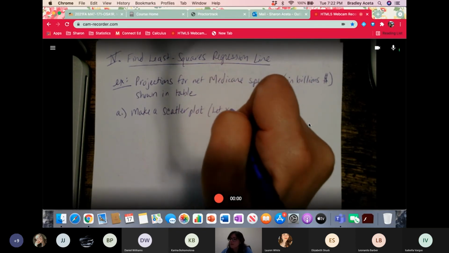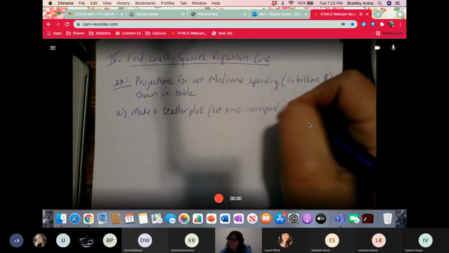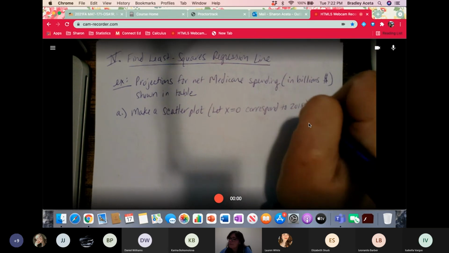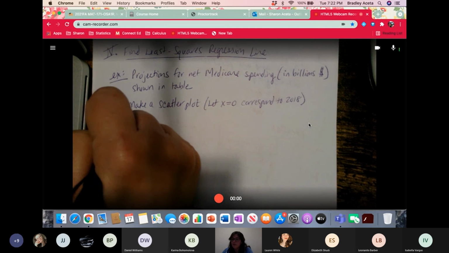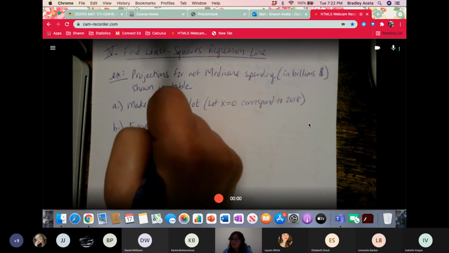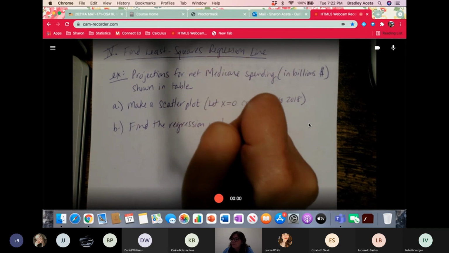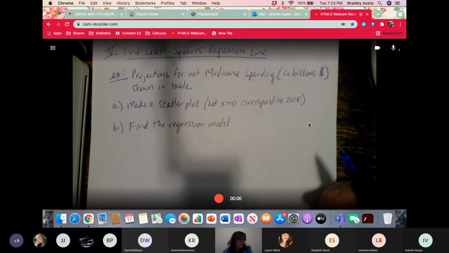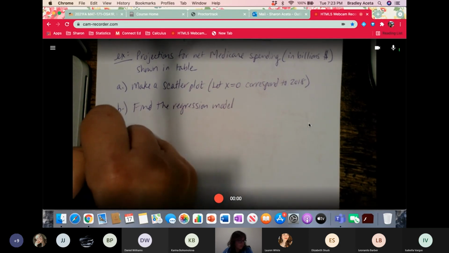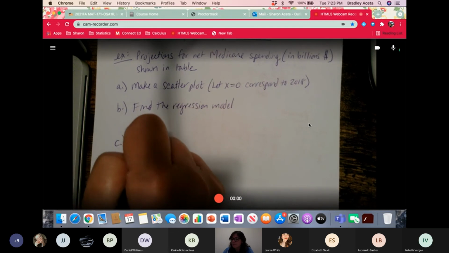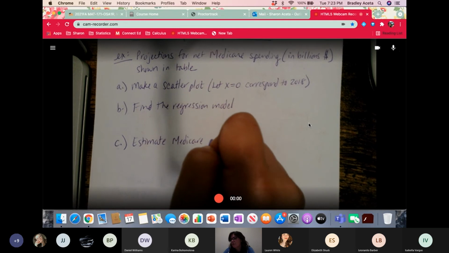And they'll say let x equal 0 correspond to 2018. And then they will give you a find the regression model. And then the last thing will be estimate the Medicare costs in 2024.